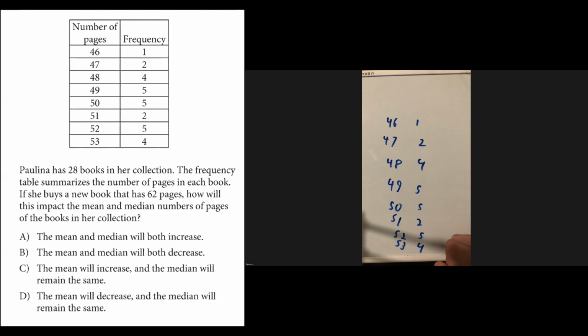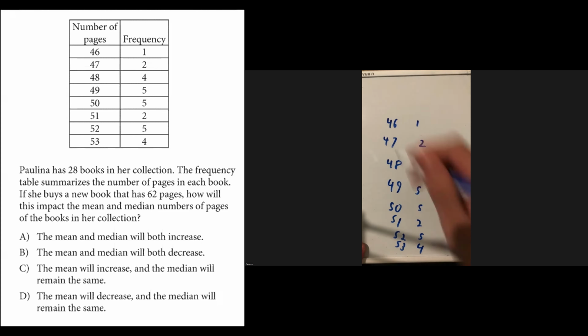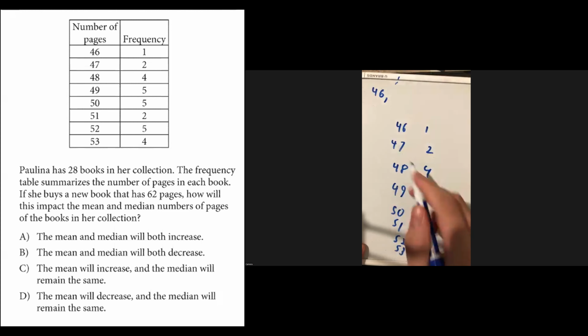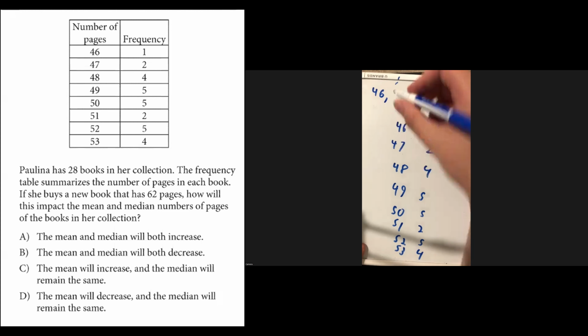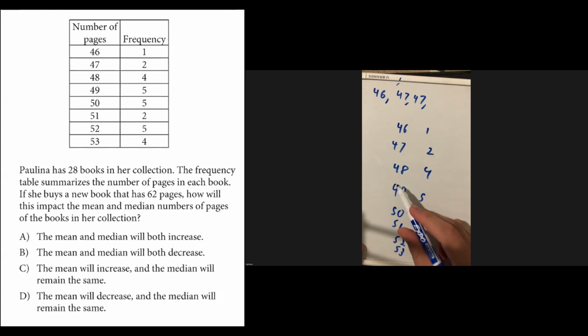Basically, frequency means the number of times it's going to appear in the data set. So if we were to write this out as a list, we would have 46, comma, and then 47 would appear twice. So we would have 47, comma, 47, comma, and then we would have 48 four times. So we would have 48, 48, 48, 48, and then so on for the rest of the data in the list.